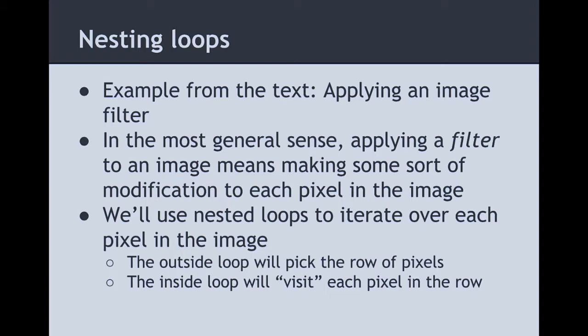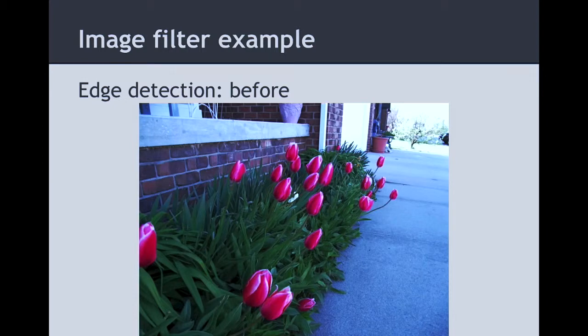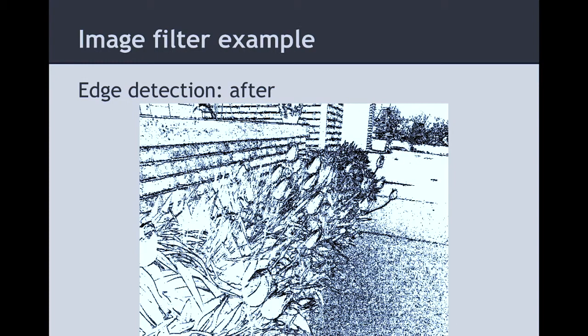And we're doing what's called edge detection. So here's the image from the text example. In this particular case, obviously it's color, whereas the one in the textbook is black and white. But the idea is the same. Here's our nice picture, and when we apply an edge detection filter, it looks like some sort of pen and ink drawing after that's complete.